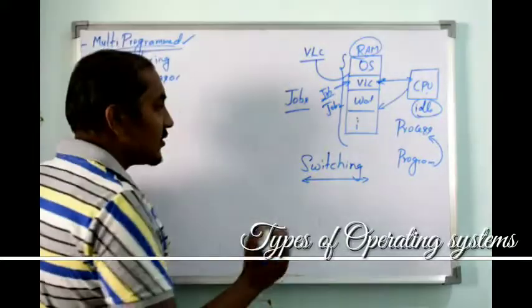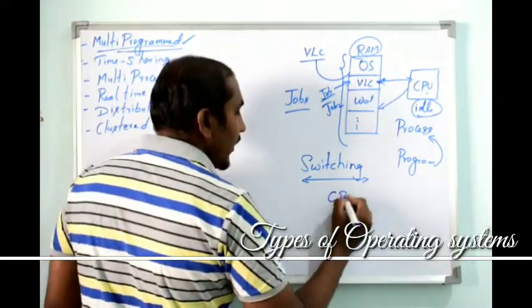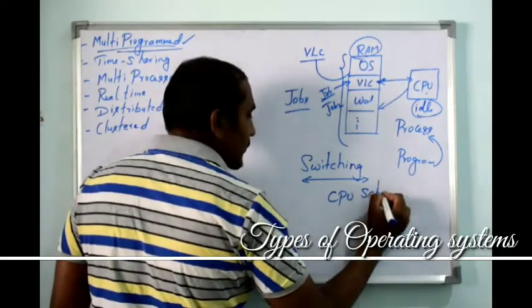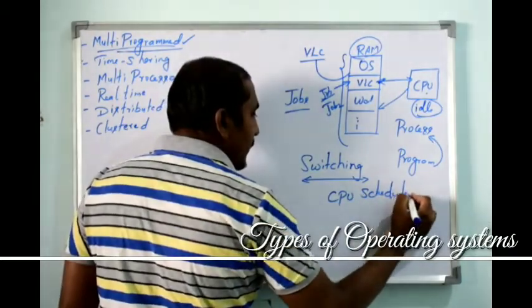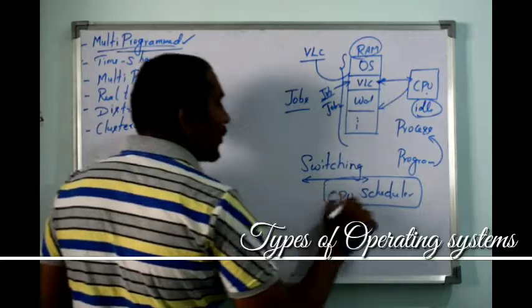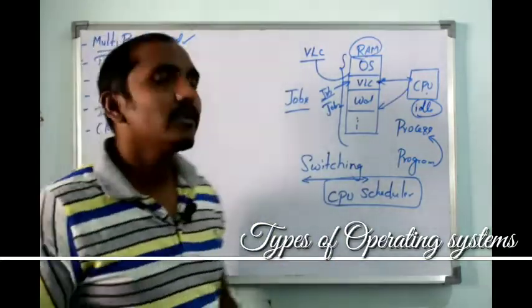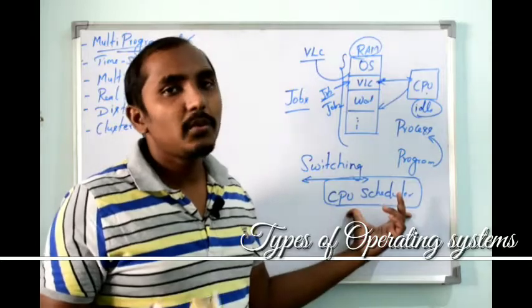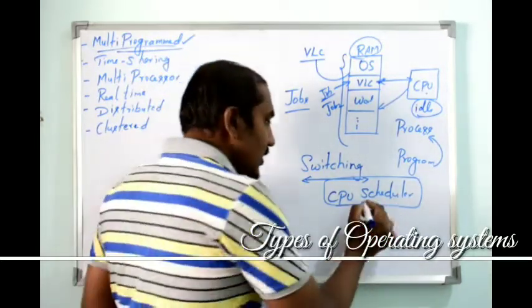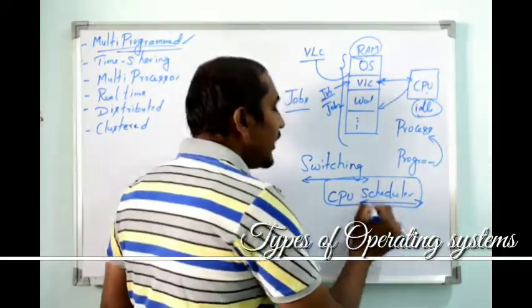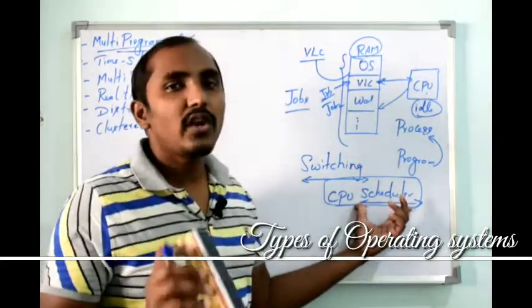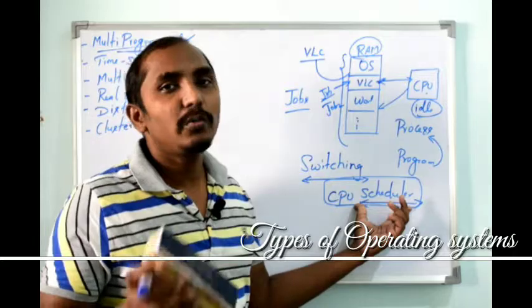This switching is done by a device or a concept called the CPU scheduler. The CPU scheduler is the concept of selecting which program is to be executed. The scheduler tells the CPU which program to execute and which program not to execute.